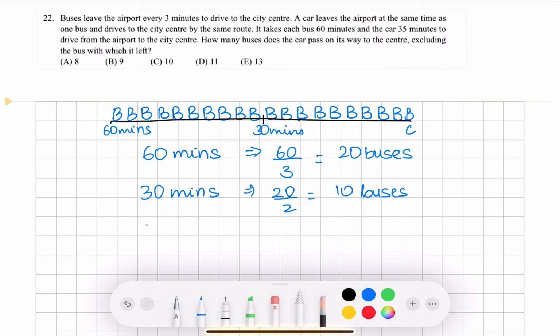So if I were to figure out how many buses are close to reaching the airport or will reach the airport in 35 minutes, I need a whole number, right? So what I can do is either divide 35 by 3, which will be approximately 11 buses.